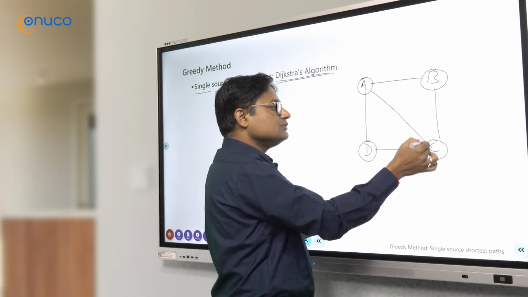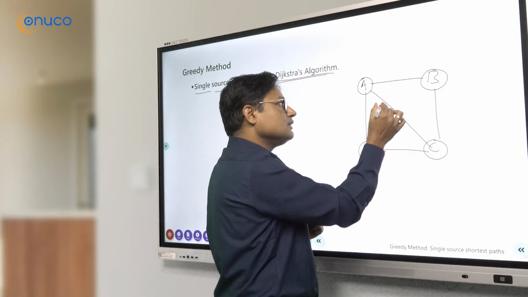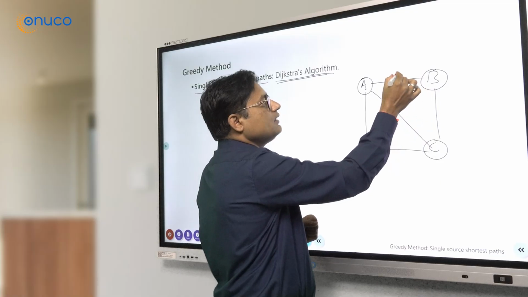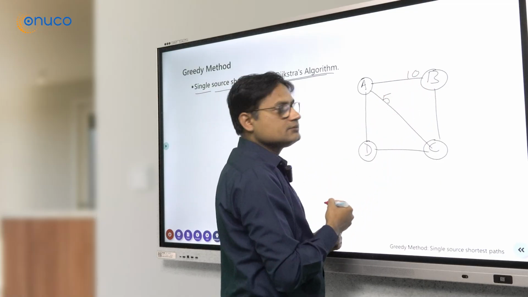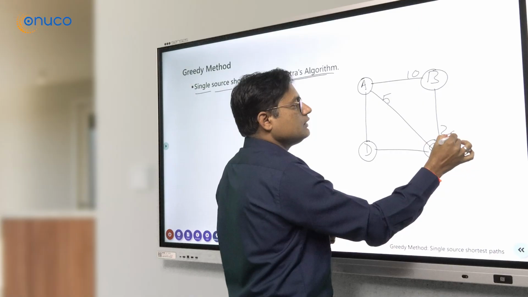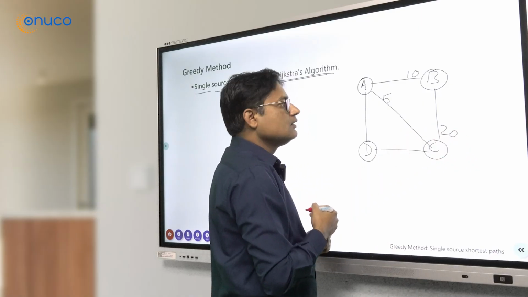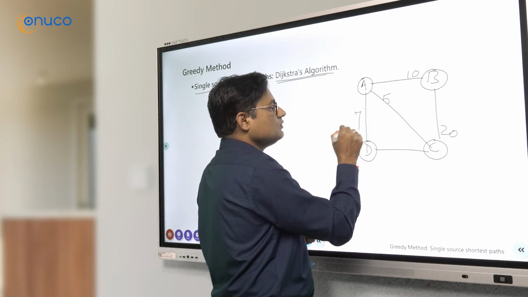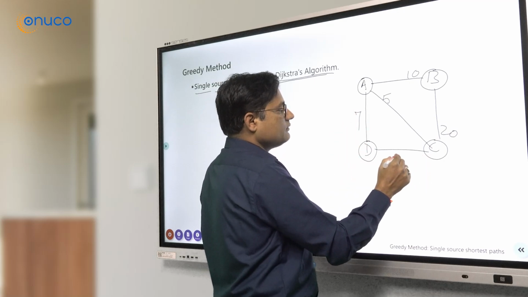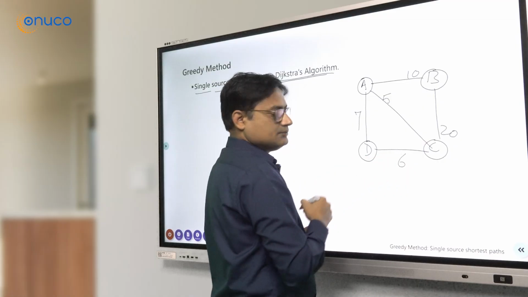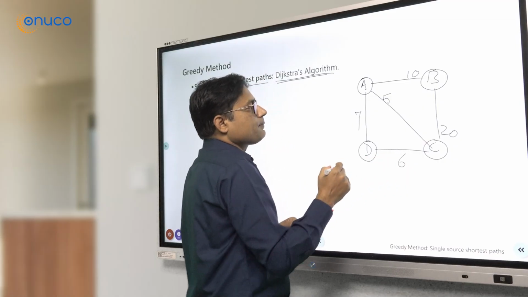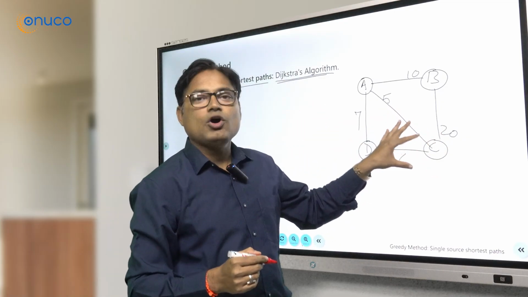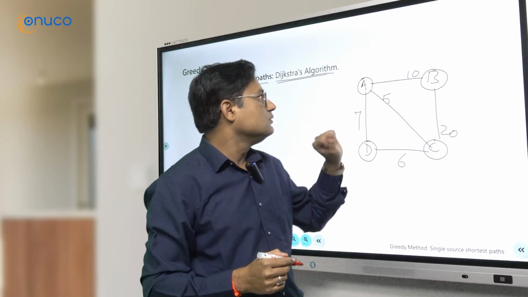Say from city A to city C it is 5 kilometers, so we say the cost is 5. Similarly A to B is 10 kilometers, B to C is 20 kilometers, A to D is 7 kilometers, D to A is 6 kilometers. Each connectivity path has a certain cost, that is called weight.